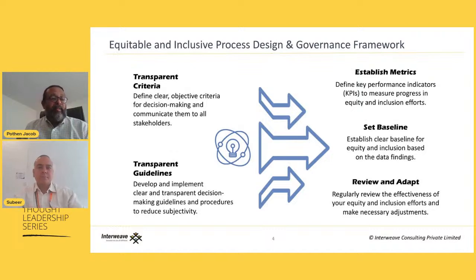And lastly, if we know the metric and the current state, do we have a mechanism which helps us monitor the process regularly? Unless we do this, we do not know whether we are making progress in terms of what we want to achieve and how we want to achieve it.